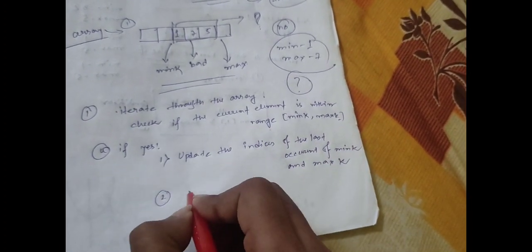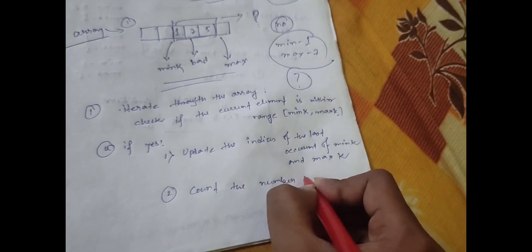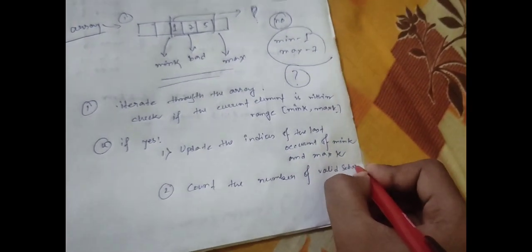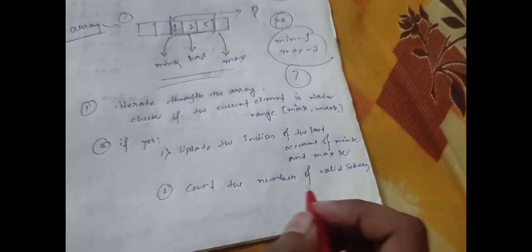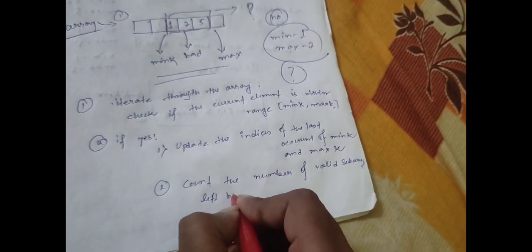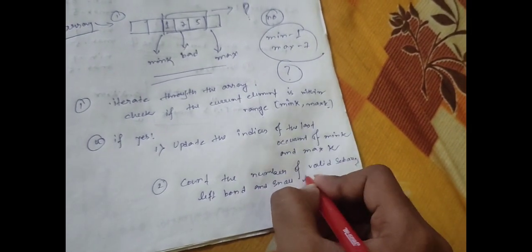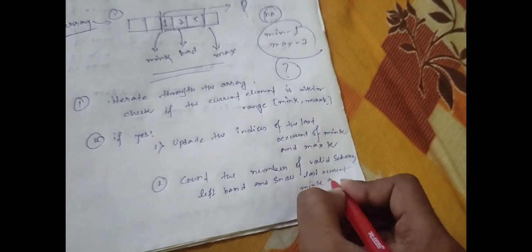Okay, and second, count the number of valid subarrays between the left bound and the smaller index among the last occurrences of minK and maxK.